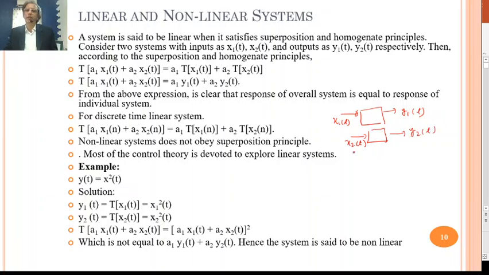Then if we combine these two inputs, the response of the overall system is equal to the sum of the responses of the individual systems. What is the meaning of this?